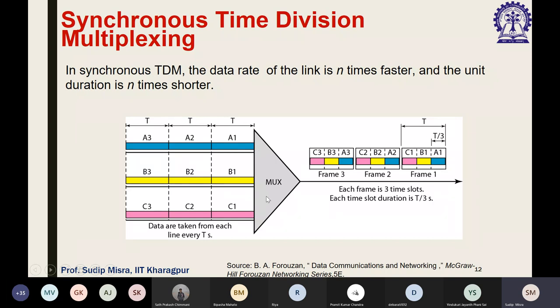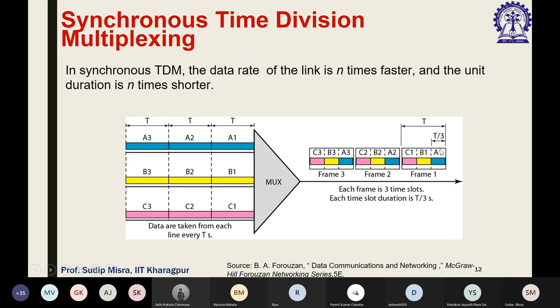The multiplexing is going to be done in such a way that finally you are going to have a frame which has A1, B1, and C1 all put into one frame.